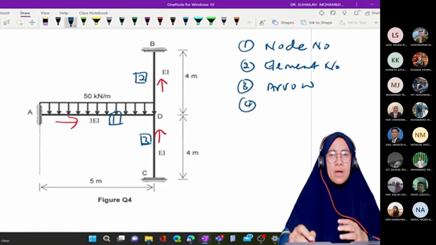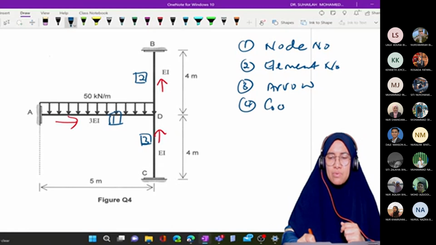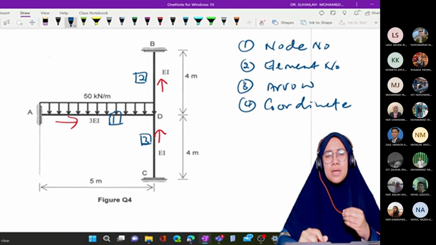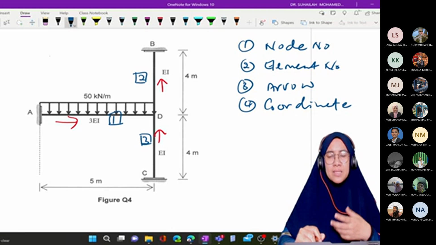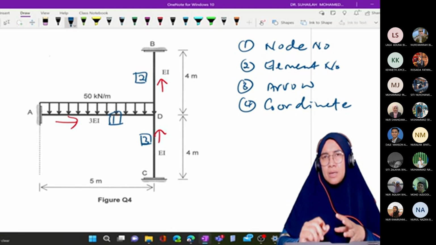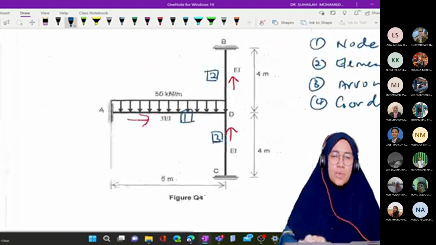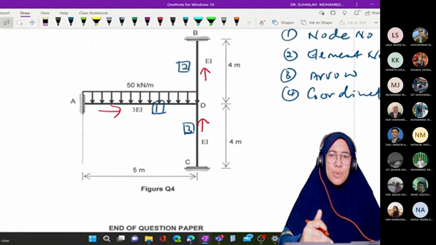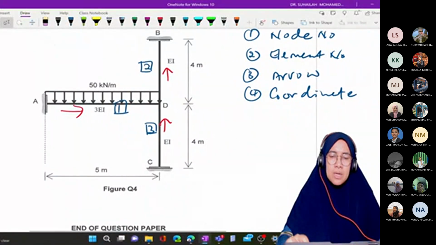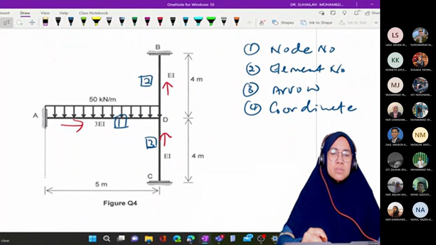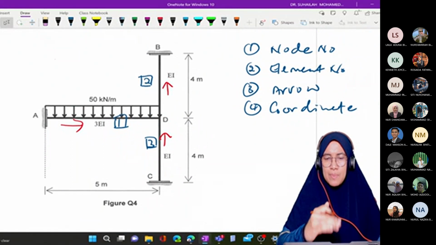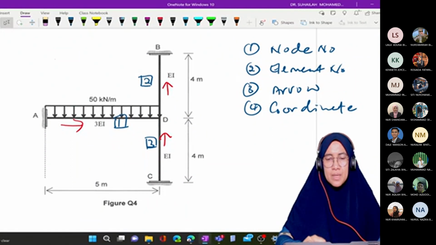Okay, number 4. We have to have coordinate. Coordinate is very important in frame because we have to have CX and CY. We have to calculate CX and CY. So it is based on coordinate. Okay, when we have frame like this, it is okay to choose any of these A, B, C, D as origin.